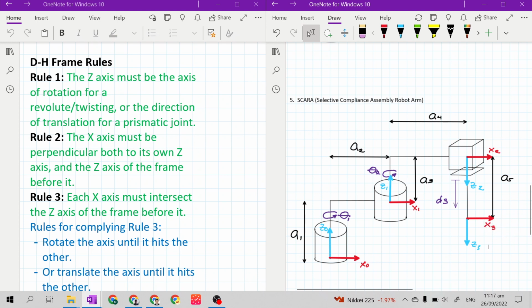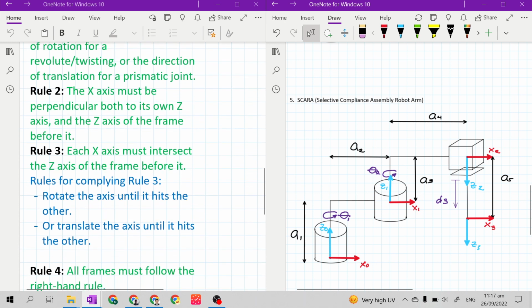Next, for rule 3, each x-axis must intersect the z-axis of the frame before it. So if we extend z sub 0, so this is for x sub 1, it doesn't intersect with x sub 1.